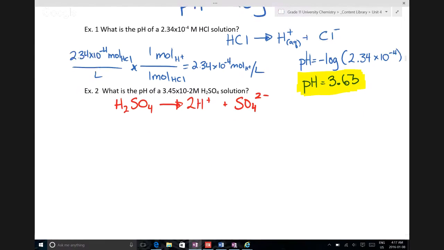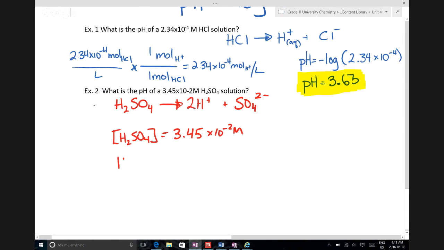Which means that if the concentration of H2SO4 is 3.45 times 10 to the negative 2 molar, then the concentration of H plus is going to have to be 2 times that, because we get 2 H pluses for every H2SO4. So it's going to be 2 times 3.45 times 10 to the negative 2 molar.